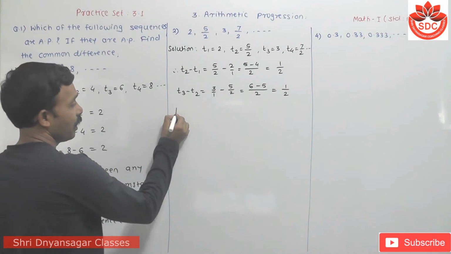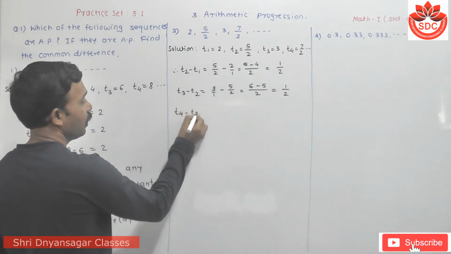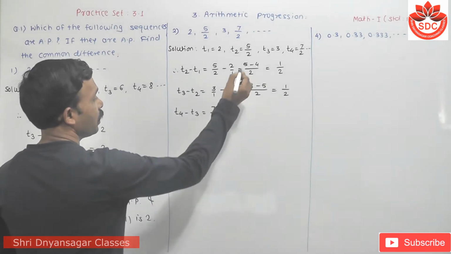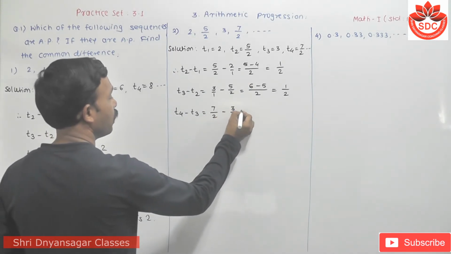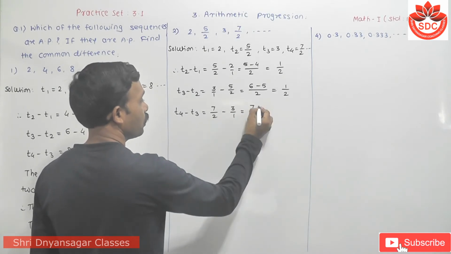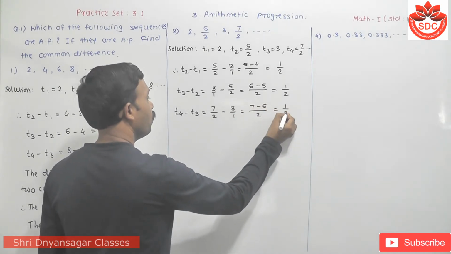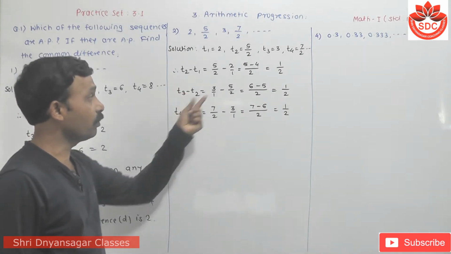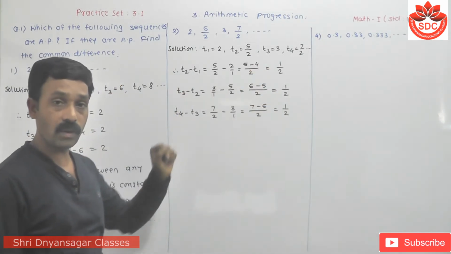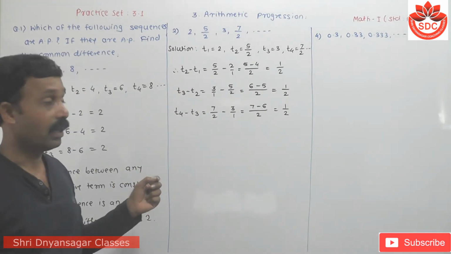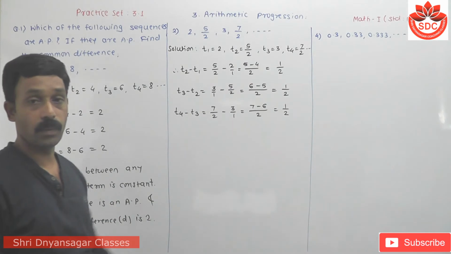Then next, t4 minus t3 is 7 upon 2 minus 3. Denominator is 1, LCM is 2. 7 ones are 7, 3 twos are 6, that is 1 upon 2. The difference between any two consecutive terms is 1 upon 2, which is constant, so the given sequence is an AP, and the common difference is 1 upon 2.